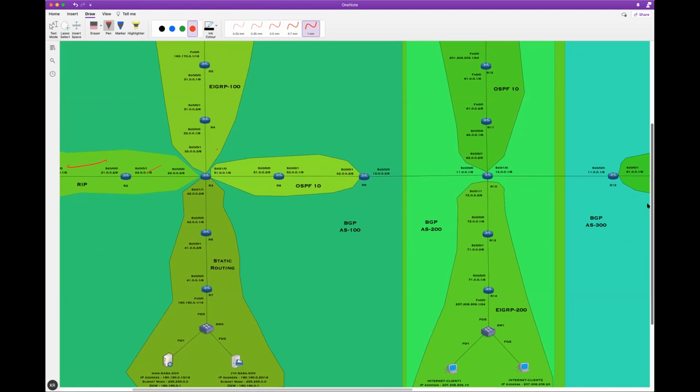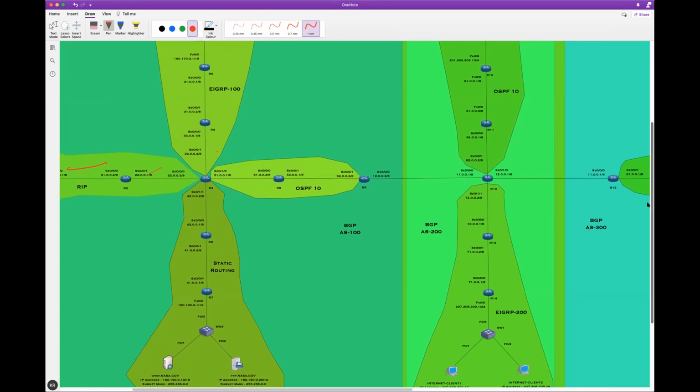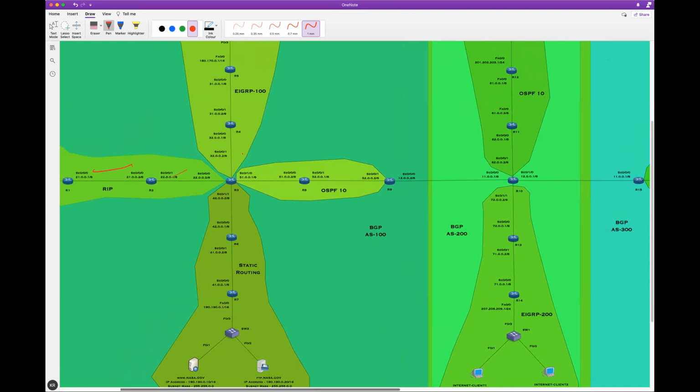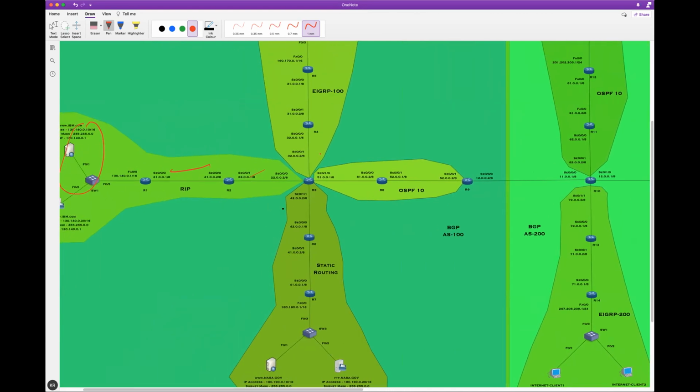Once we changed the router to a different router, I think the last fourth router, then it would work. So my question is, why was router 6 an issue rather than the others? Because every other router we had no issue with.